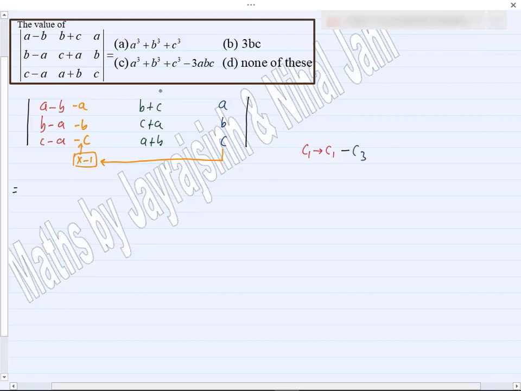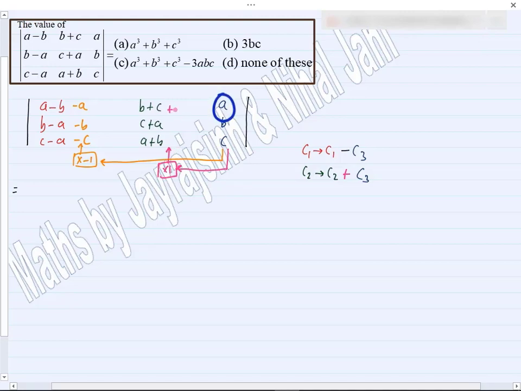Now let's compare the second and third column. You should observe that the missing element of a plus b plus c in the second column is in the third column. So we can say C2 can be converted into C2 plus C3. That means you have to multiply by plus 1 and add it to the second column.